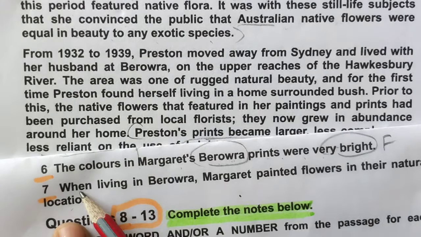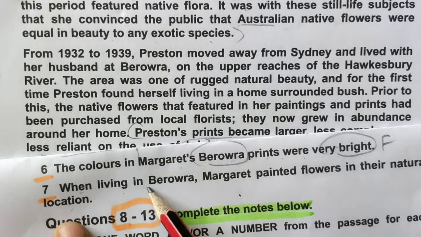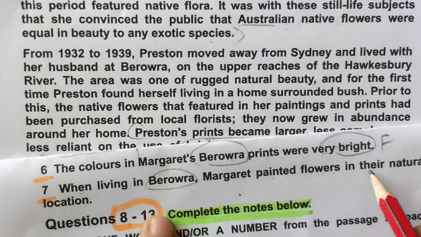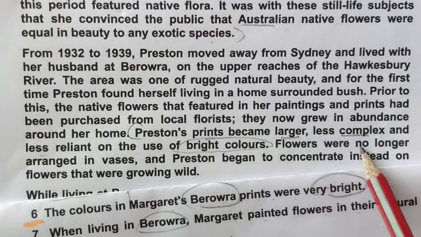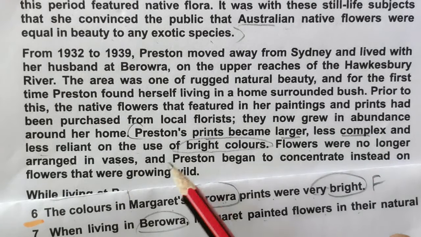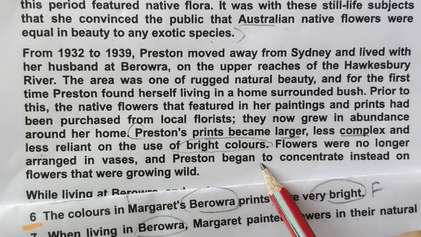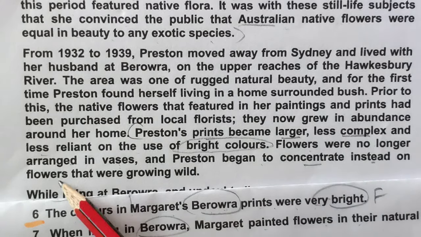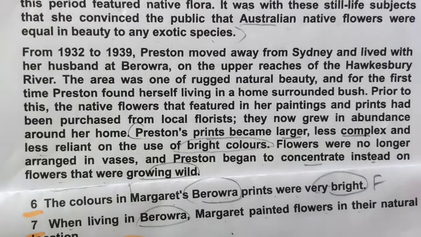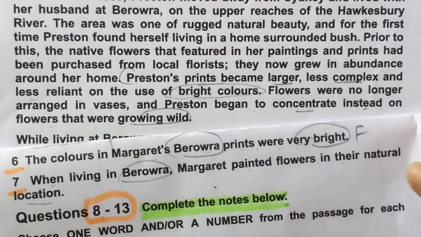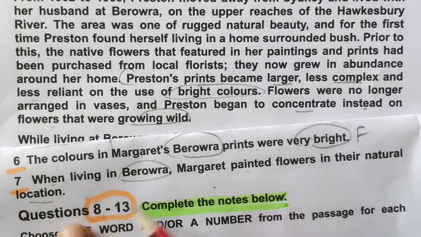Next question I am doing: when living in Birregurra, Margaret painted flowers in their natural location. Yes, flowers were no longer arranged in vases, and Preston began to concentrate instead on flowers that were growing wild. So just look at the location: Margaret painted flowers in their natural location.